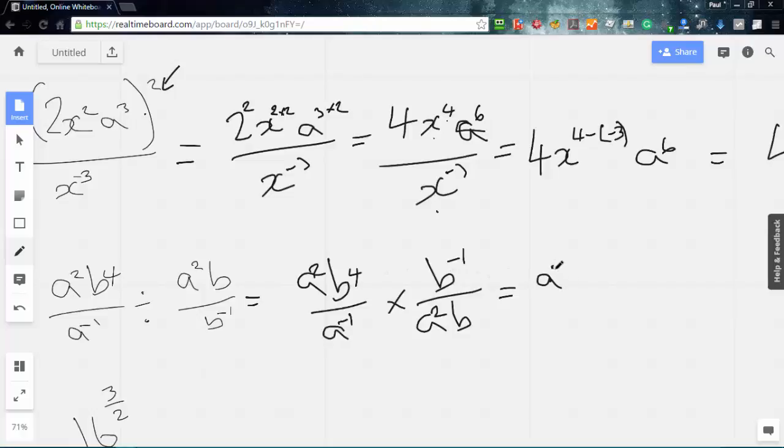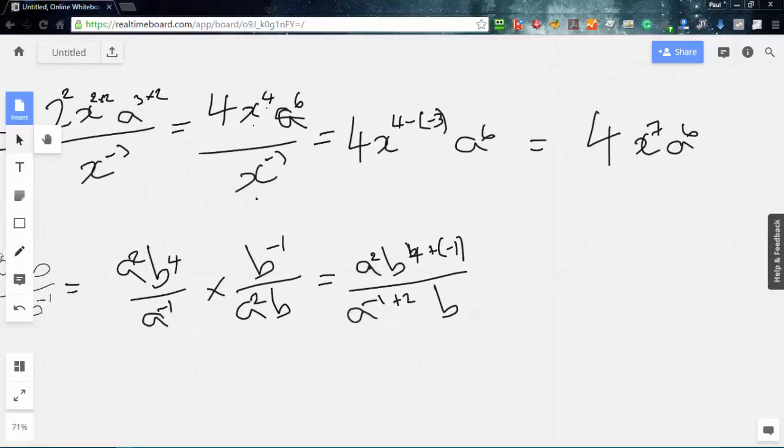That becomes a squared, and remember now we're multiplying, so this is going to become b to the 4 plus minus 1. And at the bottom here I've got 2a, so I've got a to the minus 1 plus 2, and then b.